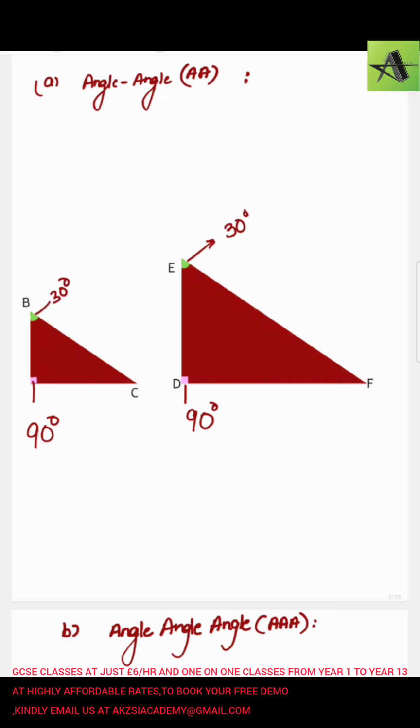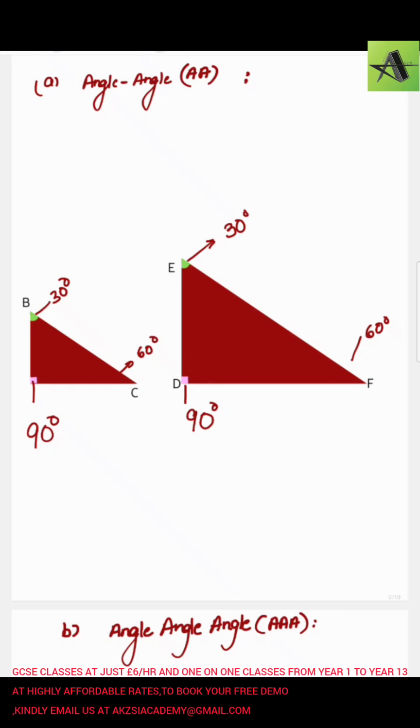If I apply the angle sum property, which says that the sum of all the angles of a triangle is always 180 degrees, in my smaller triangle, I'll get to know that this angle will be 60 degrees. Similarly, if I apply the same angle sum property in the bigger triangle, I'll find this is 60 degrees as well.